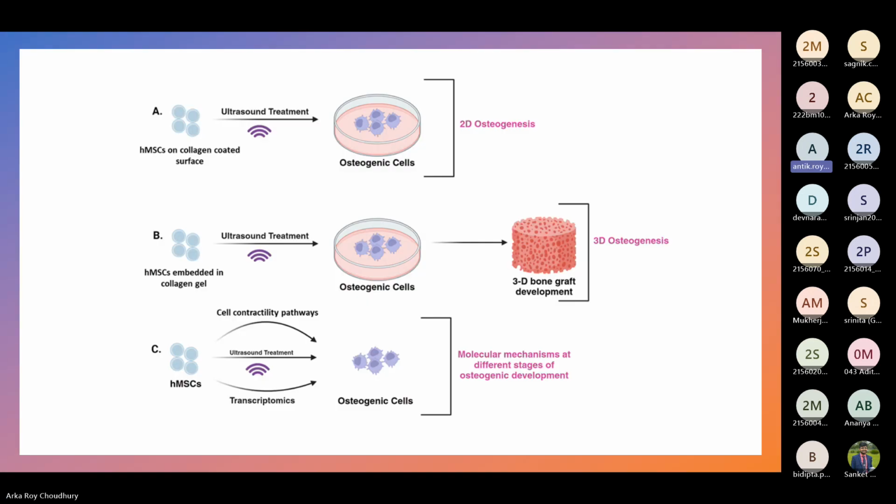Sir, can you explain what is osteogenesis? What is the meaning of this term? Osteogenesis is basically formation of bone from stem cells. Stem cells can differentiate into multiple number of cells, right?